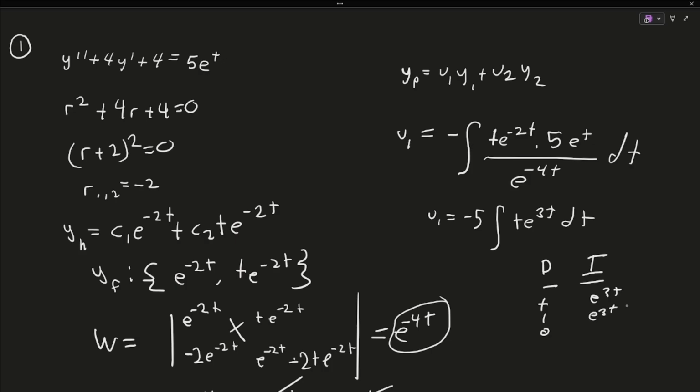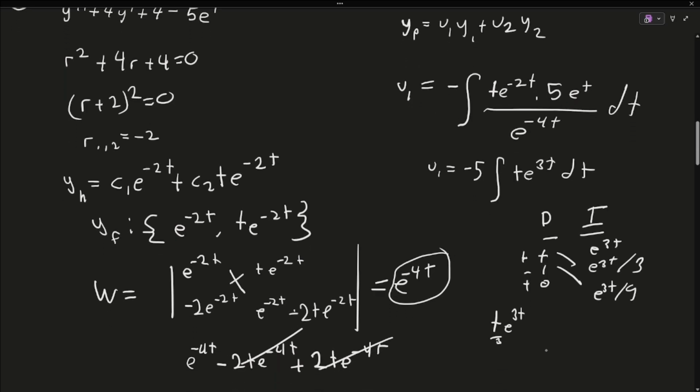All of these methods work completely fine. So we will have t e to the 3t over 3 minus e to the 3t over 9, and these are going to be multiplied with -5 here.